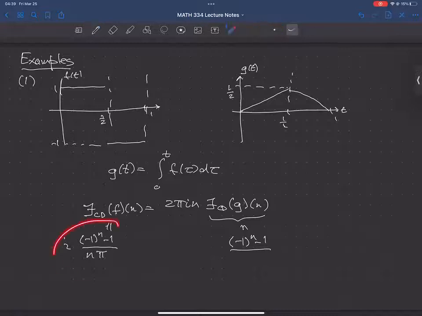If we know this, we know what this must be. The i is going to cancel with that i, and you need a 2 pi, so you're going to get 2 pi squared n squared.